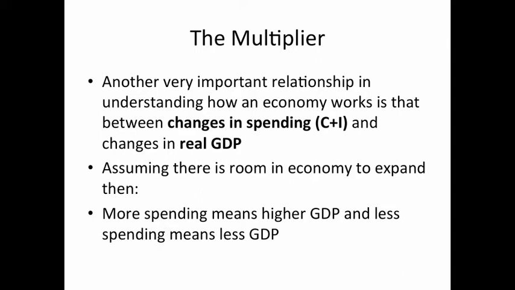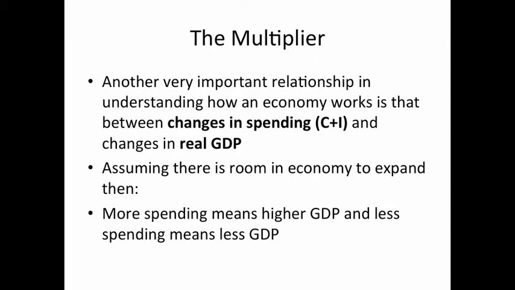So it's another very important relationship in basically understanding how an economy works. And here we're looking at the relationship between changes in spending. So far we've looked at C and I, consumption spending plus investment spending, and associated changes in real GDP.